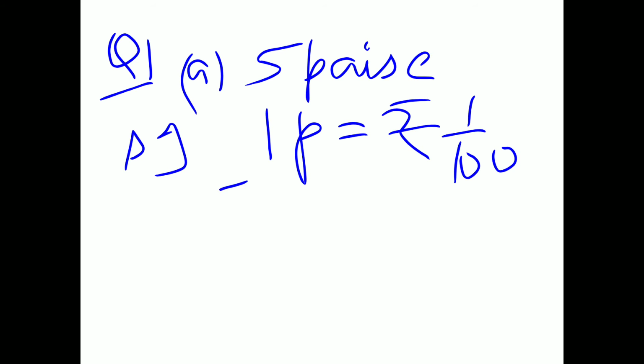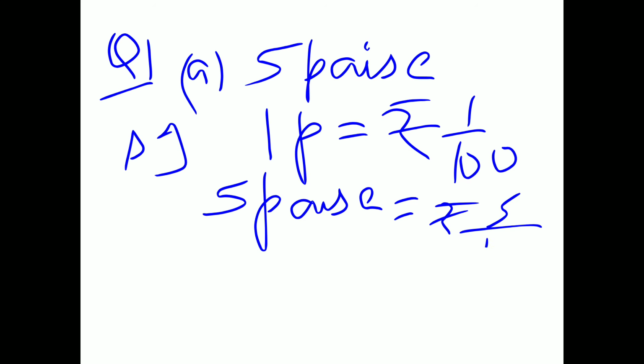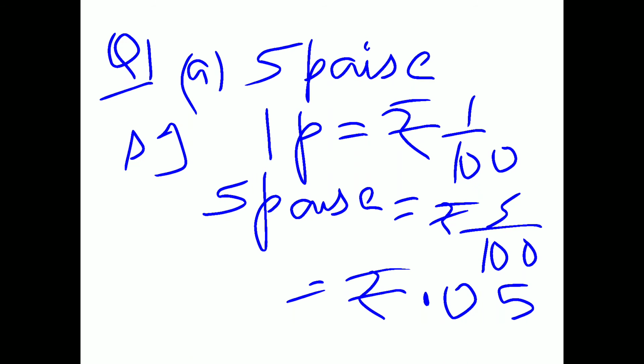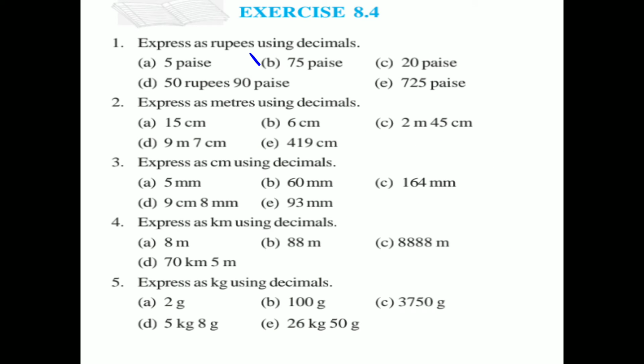So we write 5 paisa is equals to rupees 5 upon 100. Now see, there are 2 zeros down, so we put a decimal, and after the decimal how many digits should come? 2. But I have only 5, so I put a 0 before it, meaning 0.05 will be the answer. Clear?